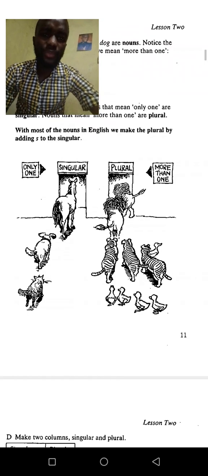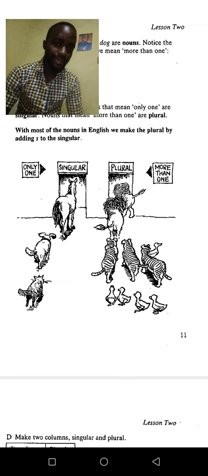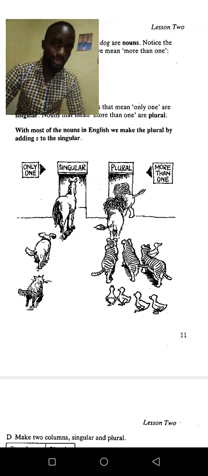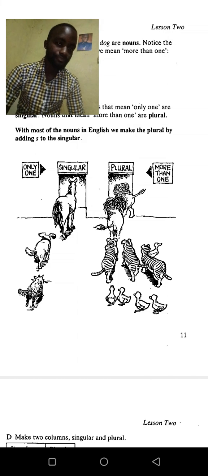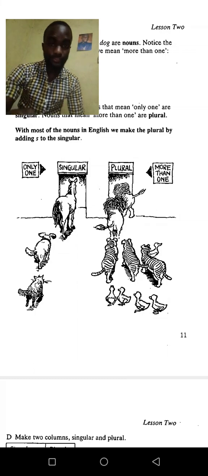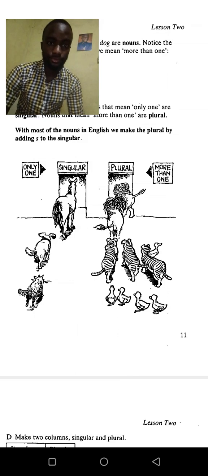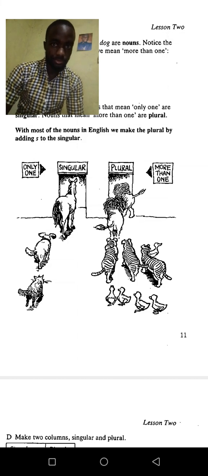Before we continue, let's look at this picture. We see that there is a horse, a cat, and a dog heading to the singular door. Now we say horse, dog, cat. Here also, the first one means only one. The second side, to the right side of your hand, more than one animal are referred to as plural, right?